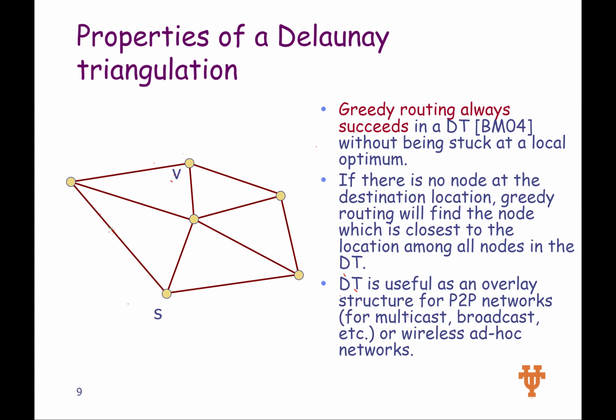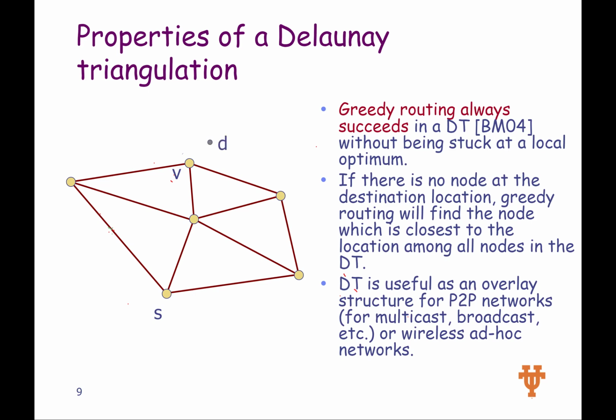Okay. And they also proved another property, which is also important. Look at the second bullet. If there's no node at the destination location, so you have a location and you perform a greedy routing, the greedy routing will find the node which is the closest to the location among all nodes in the DT.